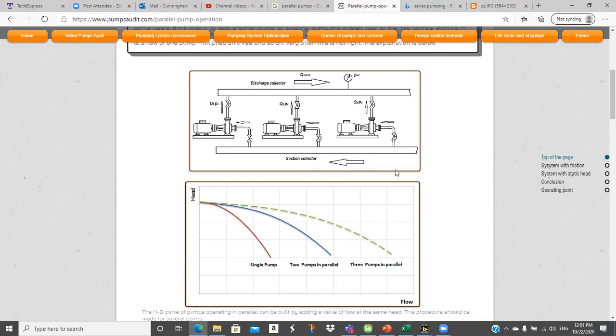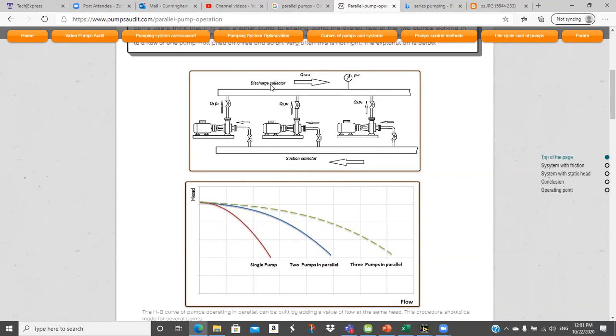So we've got a big pipe down here that is the suction that provides the supply of fluid to the pumps. This would be called a suction header, H-E-A-D-E-R, and they all pull out of this. And then each pump does what it can, and it pushes the fluid up into a discharge header.